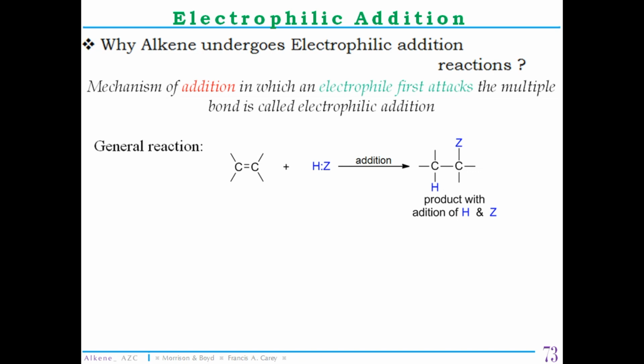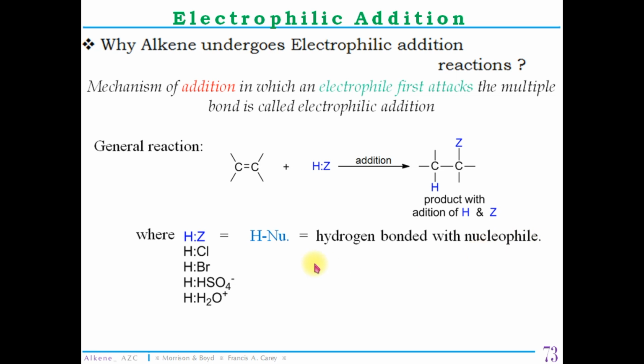In the general reaction, alkene is reacted with a species HZ, giving a product with addition of H and Z. What is HZ? It's a hydrogen bonded to a nucleophile. Examples are hydrogen chloride, hydrogen bromide, sulfuric acid and protonated water.